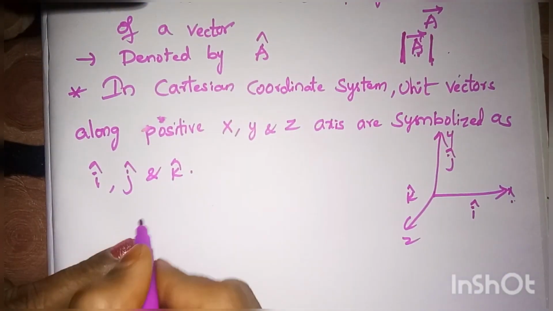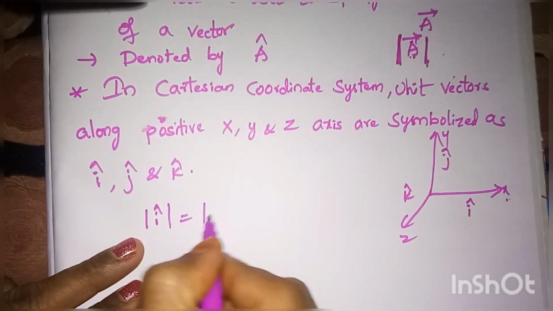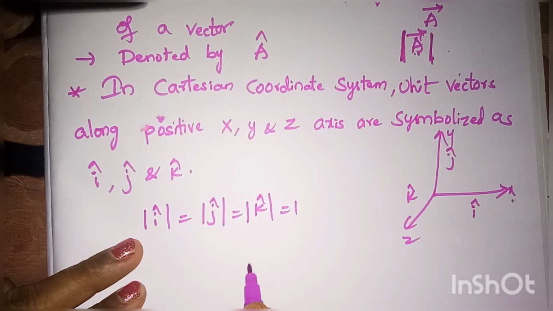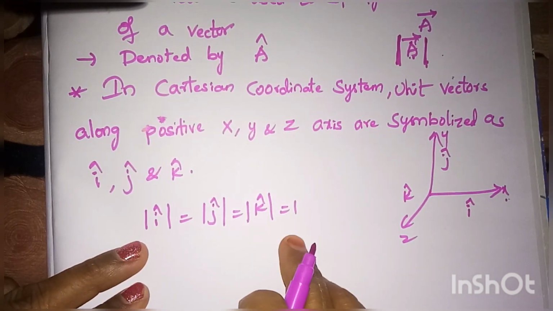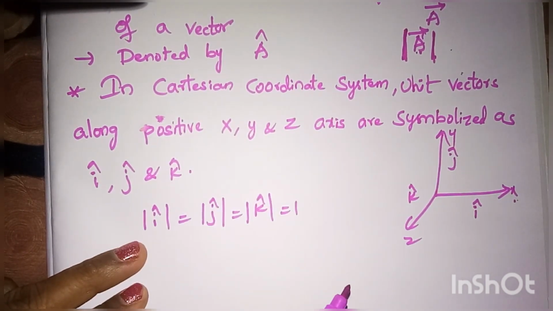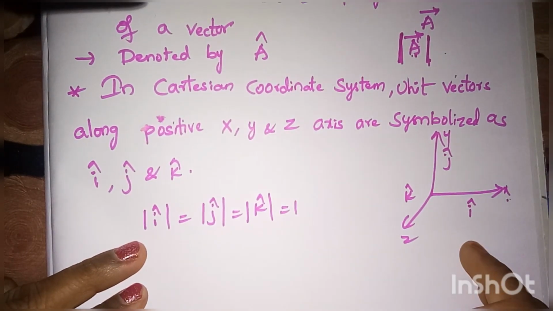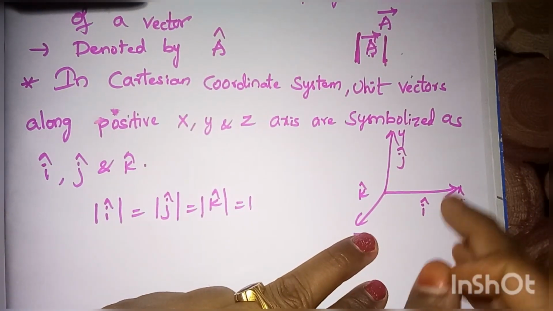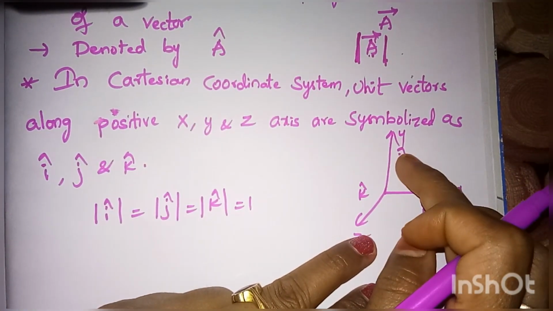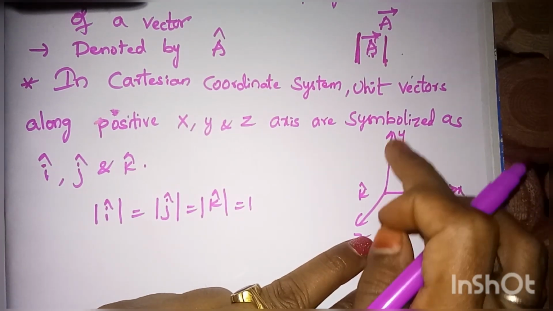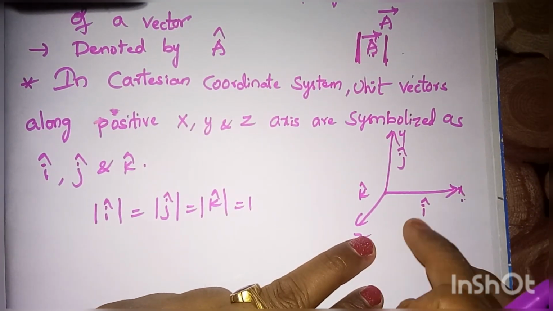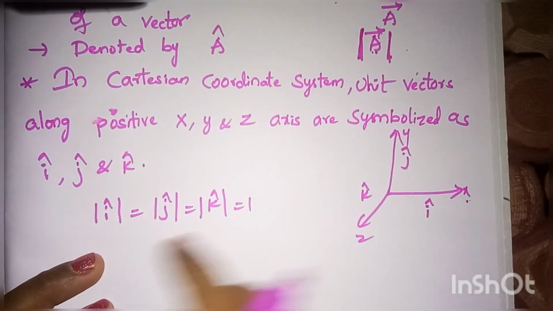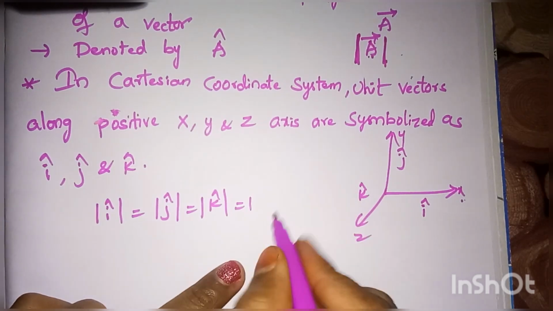So the magnitude of the unit vectors will be equal to 1, because the 3 coordinate axes are mutually perpendicular to each other. Suppose we consider the x and y axes, these 2 axes are perpendicular to each other. So the magnitude of these unit vectors will be equal to 1.